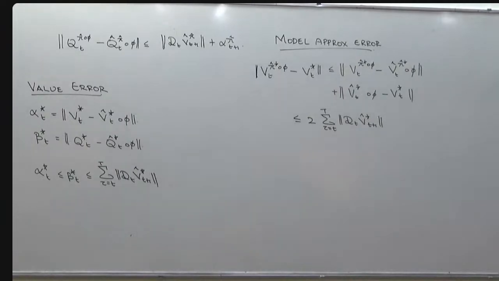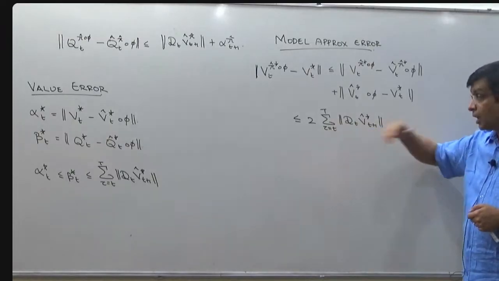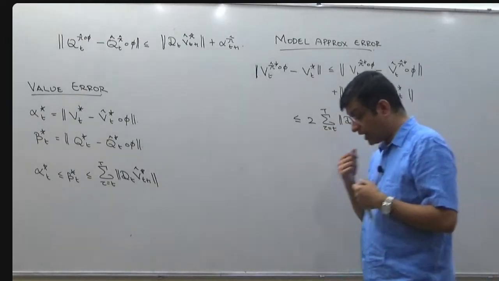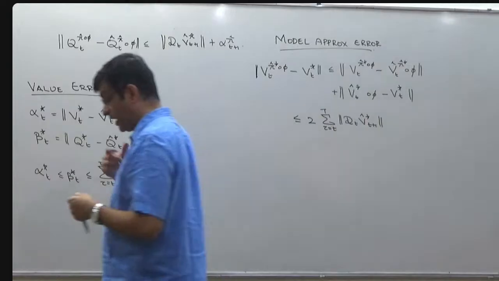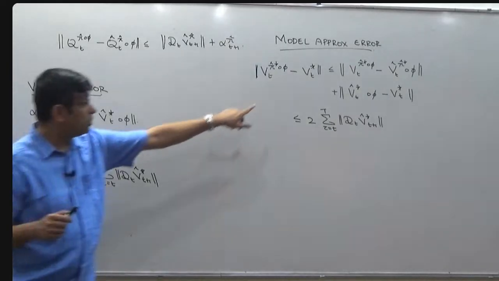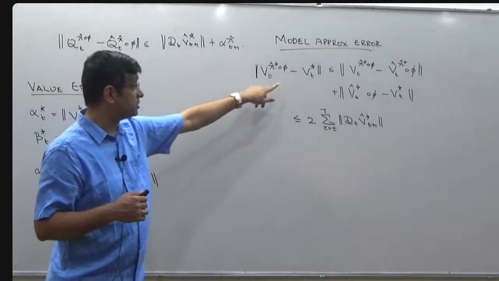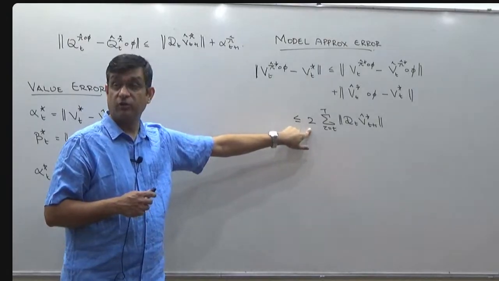So in the discounted model, this would be the future discounted sum. Now in the RL literature, the way a lot of the approximation bounds are derived, what I want to emphasize here is that this bound compared to the value error bound does not have any time expansion. This is simply a multiplicative factor of 2.